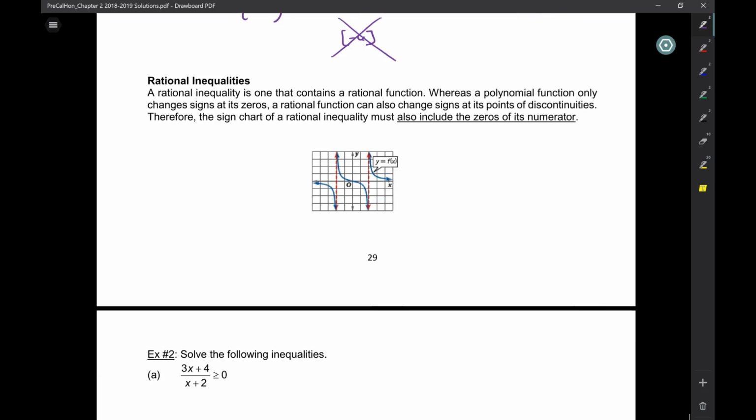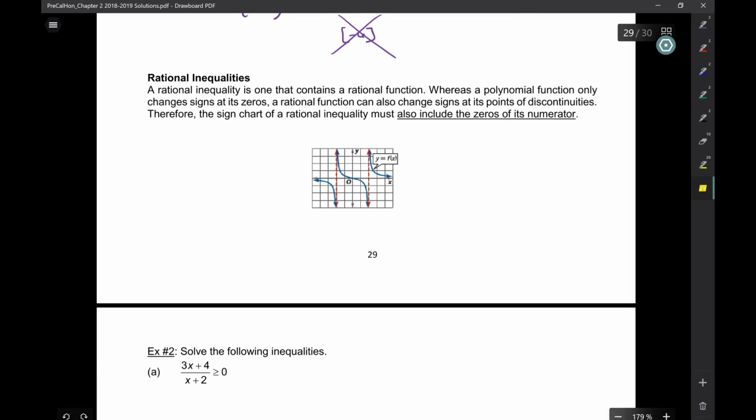All right, now these were polynomial inequalities where they were all polynomials. Let's do some rational inequalities. A rational inequality is one that contains a rational function, where you have a variable in the denominator as well. So the only difference is this.